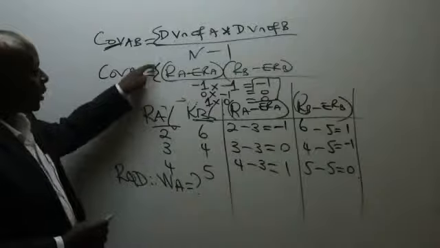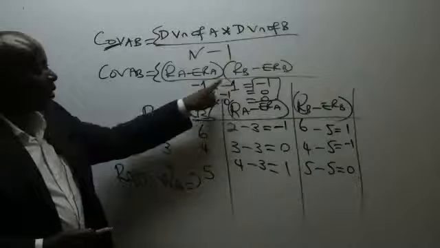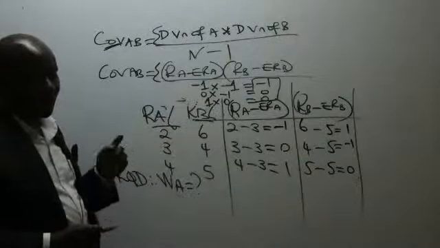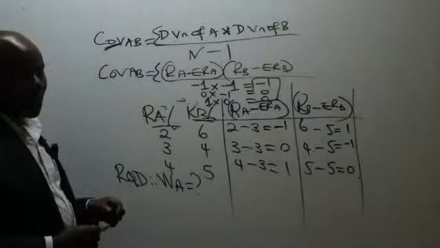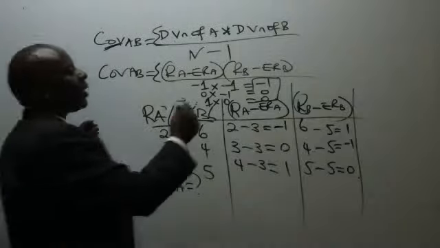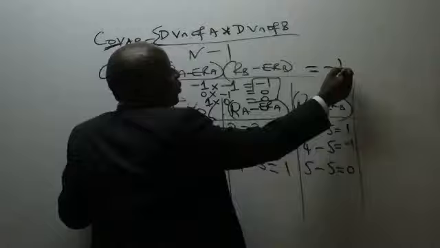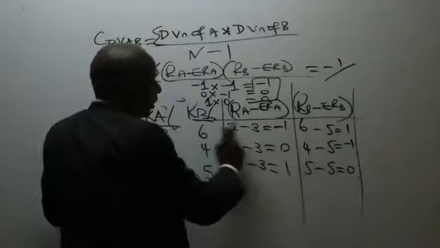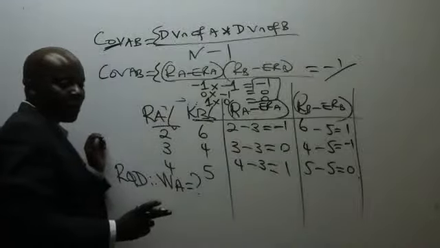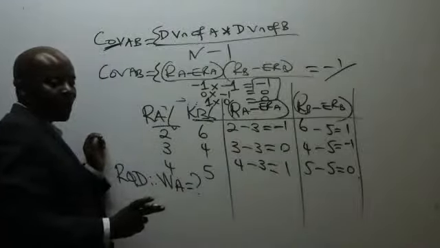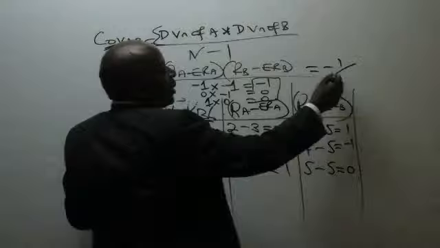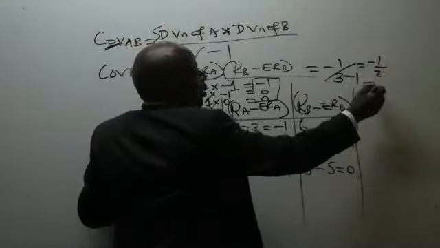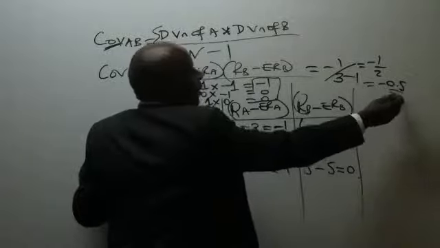They want us to sum this multiplied. So this is supposed to be minus 1 all over n minus 1. Remember, n was how many numbers? 3 numbers. So this will be n is 3, minus 1. So this will be minus 1 over 2, which is the same as minus 0.5.